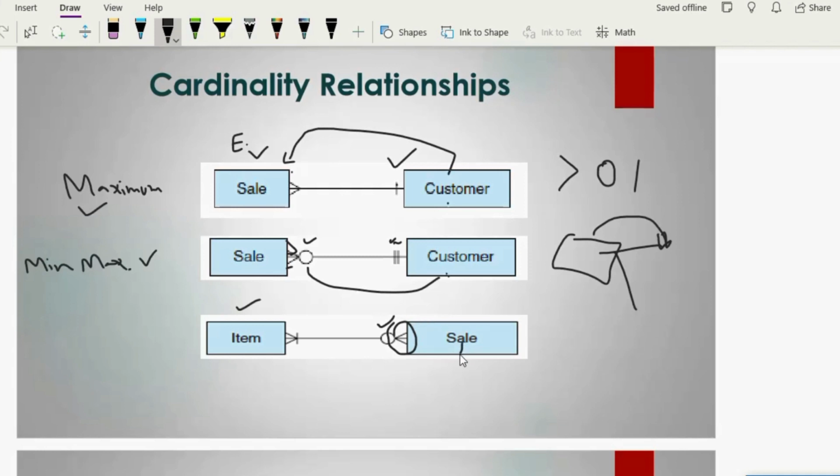But if a sale is happening, at least it should sell one item, right? We cannot say it did not sell any item. Then why is it a sale? It is a sale. That's why minimum of one item it should sell, and maximum of the sale could have many items. So like this, we have to define these relations in the system. But don't worry, accountant has to just see or theoretically explain it. The developer is the one who will be developing these relations in the system.